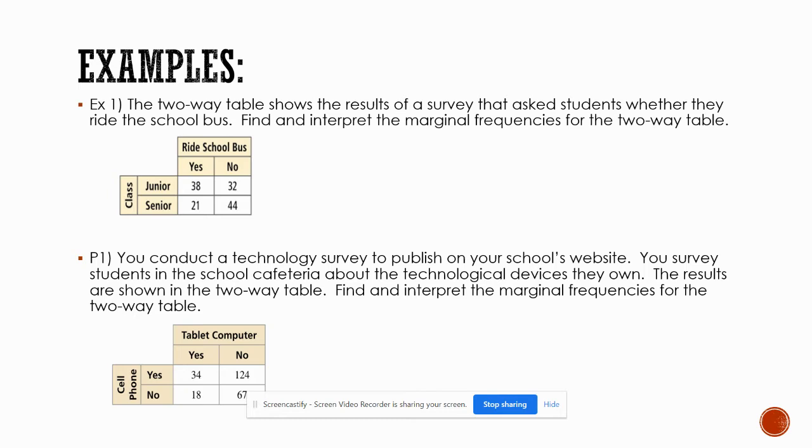So if we talk about example 1, they give us a two-way table about juniors and seniors and whether or not they ride the bus. It says find and interpret the marginal frequencies. And so that will be the totals. So we have a total and a total.